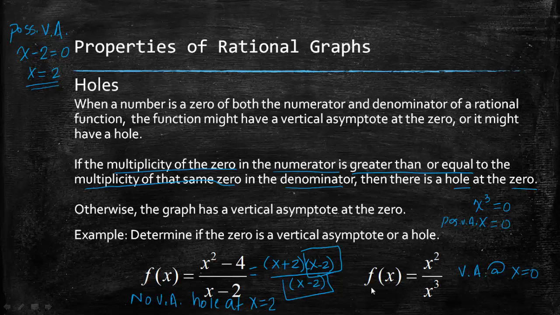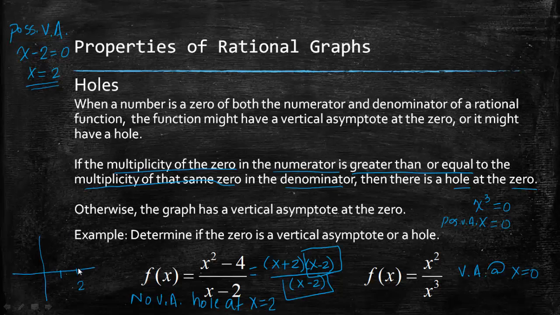Okay, in my next video, we're going to investigate this even further because I want to know exactly where my hole is. I know it's at x equals 2, but I want to know at what y coordinate my hole is. For now, I know that there is a hole at 2 somewhere in the graph.